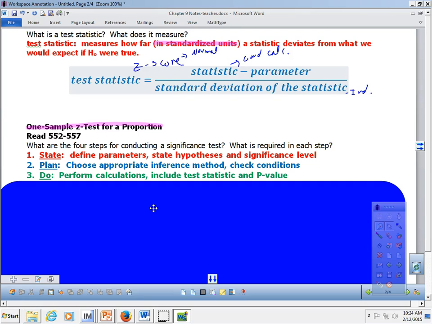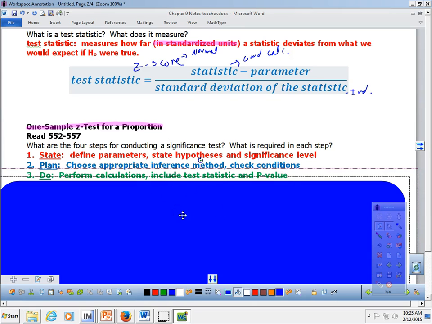You want to include showing what your test statistic is, showing where this comes from, and showing your p-value, whether you choose to sketch a normal curve and use normal CDF, or take that test statistic into table A, because it is just a z-score, and find the probability that a statistic will be this, assuming that the null is what it's claimed to be. That's what we're looking for in the p-value, a probability.